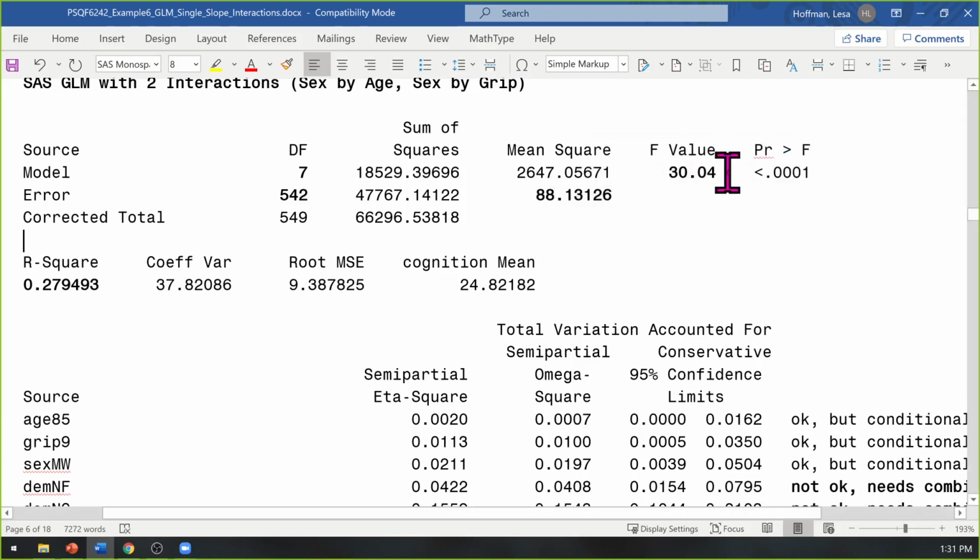So this F comes about by dividing by degrees of freedom. It's this number, sums of squares for the model, divided by the degrees of freedom that gives me this mean square, and then this mean square divided by mean square error gives me F. So F is telling you per slope how good the model's doing.